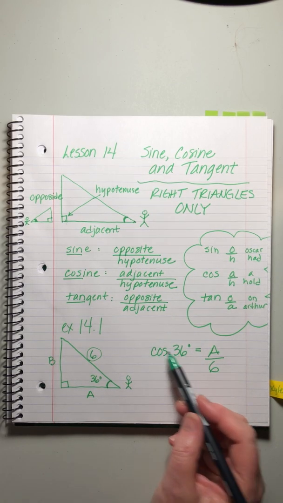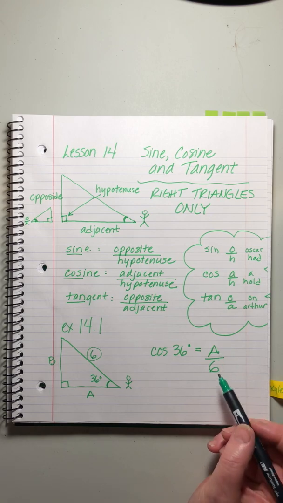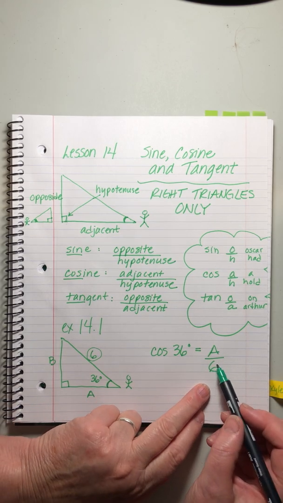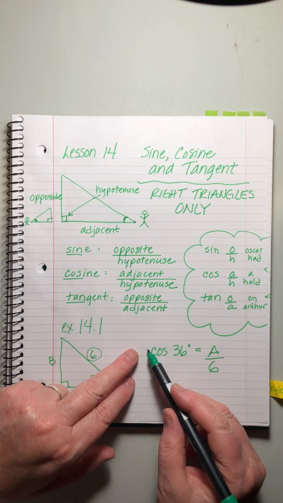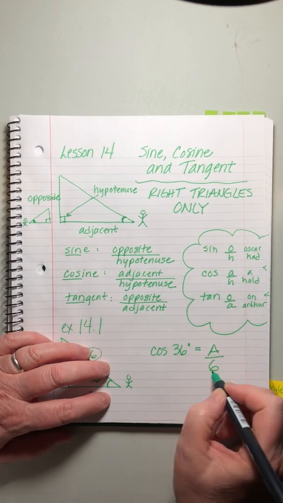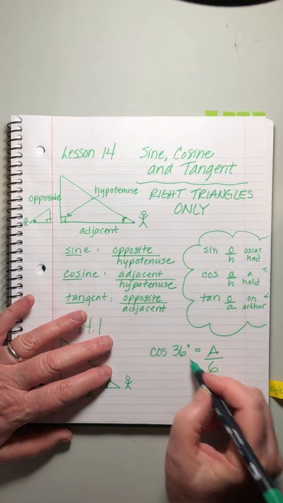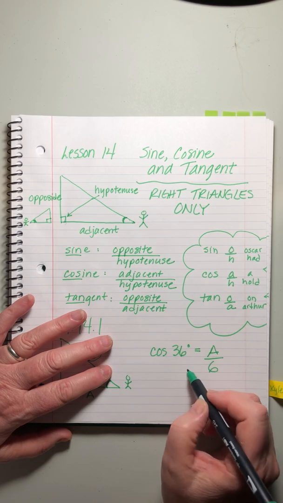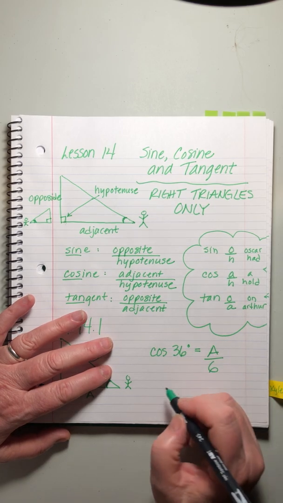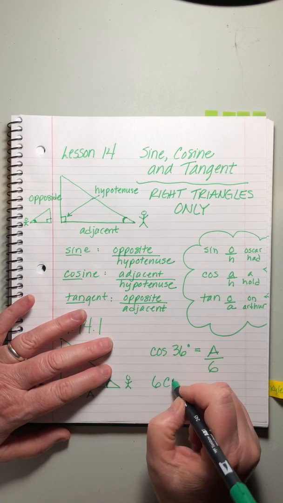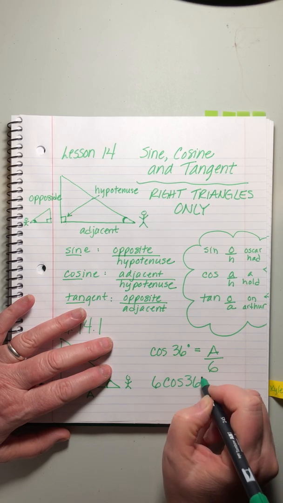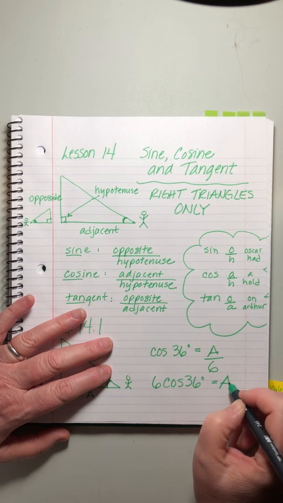We need to get that up here so that we're just solving for A. So what you can do when you're writing these problems is write the hypotenuse right up here. Again, the idea behind it is that we're cross multiplying, right? A times 1 equals those two. So we write it like this: 6 times the cosine of 36 degrees equals A.